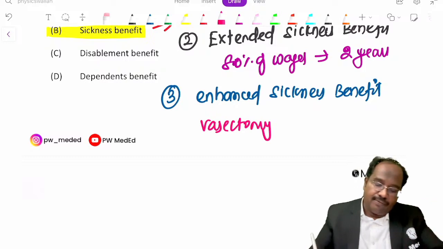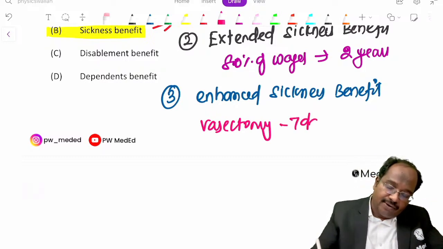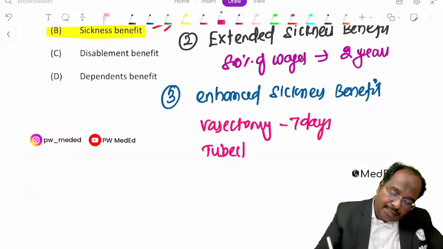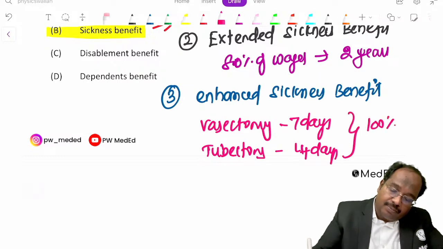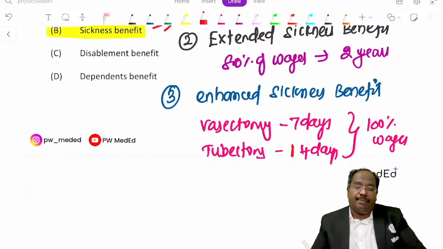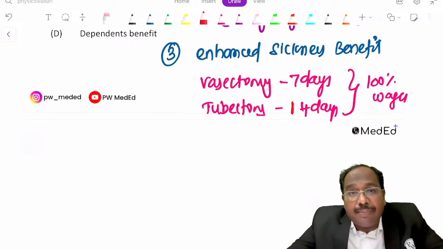The person undergoing vasectomy will be given 7 days leave, and for tubectomy, 14 days leave. 100% of wages will be given during that time. This we call enhanced sickness benefit.